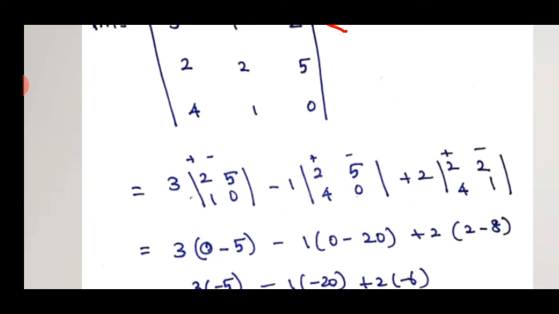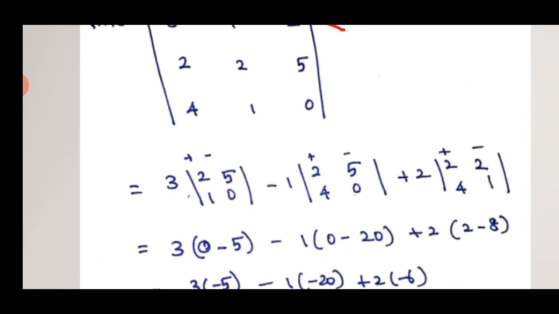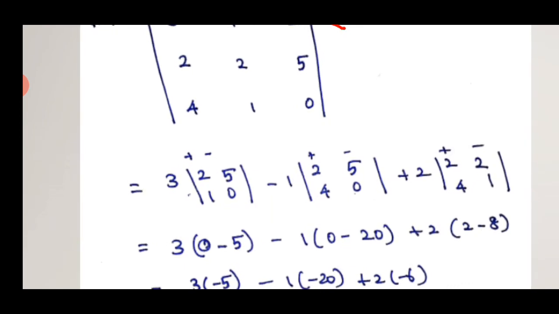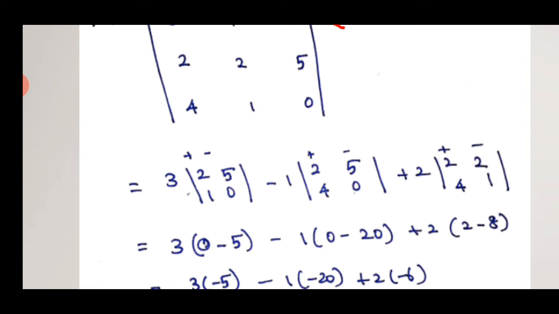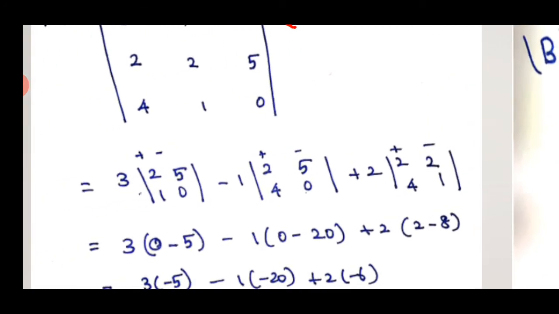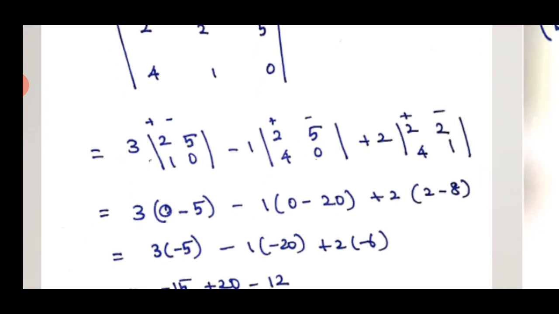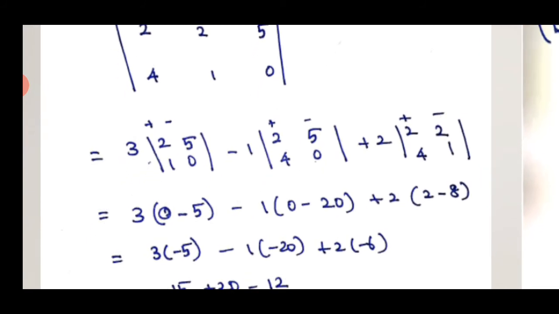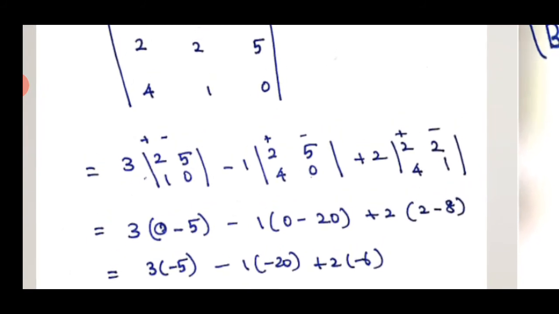That's all. Now how will you solve this 2 row 2 column determinant? That is an easy process, we all know. Put over the first row, put plus minus sign in all the three. Now 3 of, multiply 2 with 0, so 2 into 0 is 0, then minus 5 into 1 is minus 5, so we have 0 minus 5, it is minus 5, so 3 into minus 5. Okay, now like that.